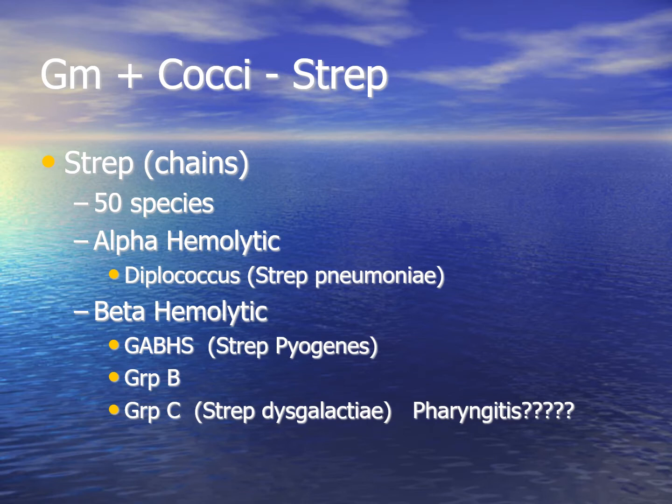Group B strep is not usually a pathogen, but can be in babies. Group C strep usually causes the pharyngitis, sometimes very similar to the group A strep. These are often the people that have tested negative for group A strep, but have the fever and other symptoms.